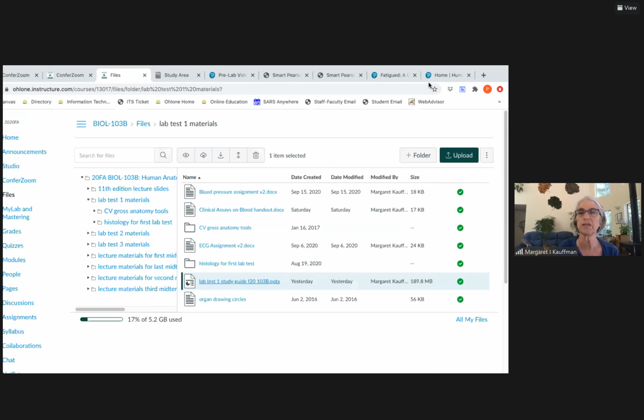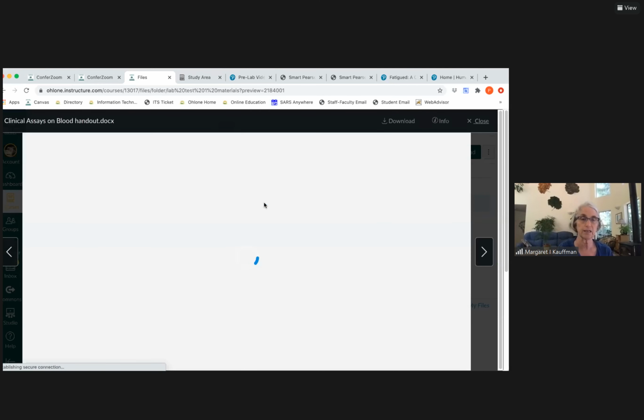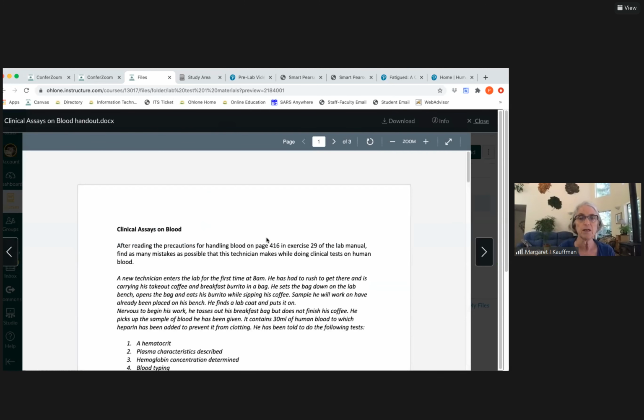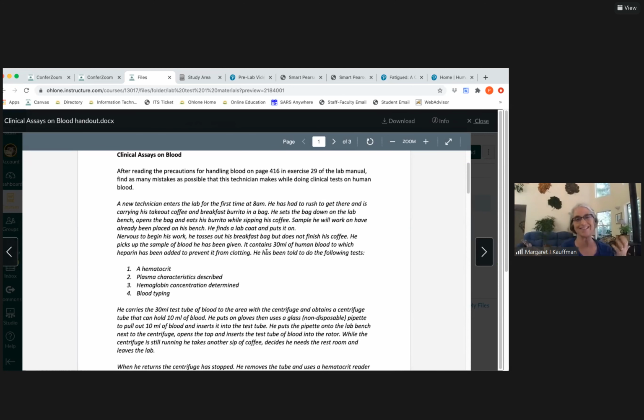Okay. And you'll see that over the weekend, I have put into your folder here this clinical assay handout. And what I started with, because we can't do labs in person, but I think this is one of the critical things to get out of this lab.